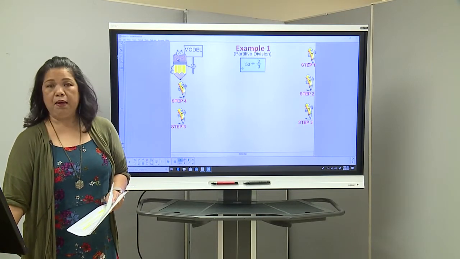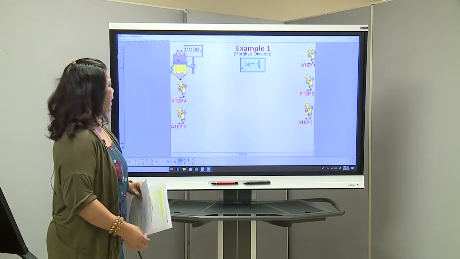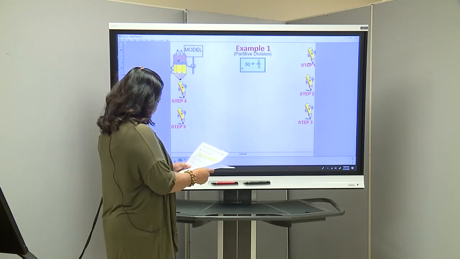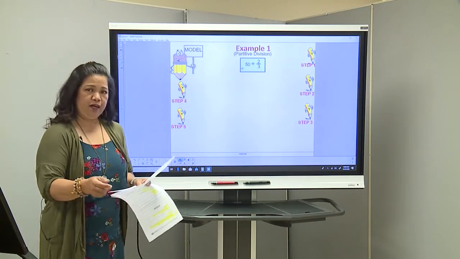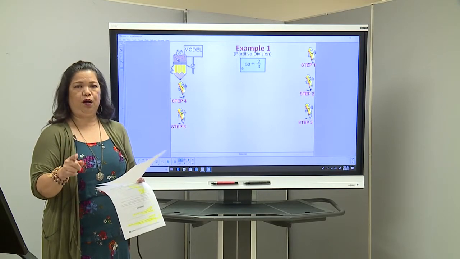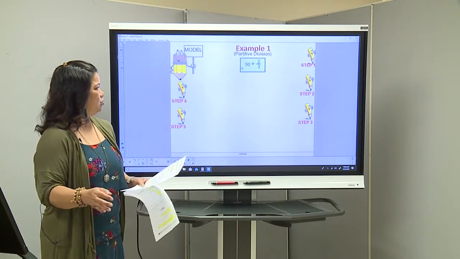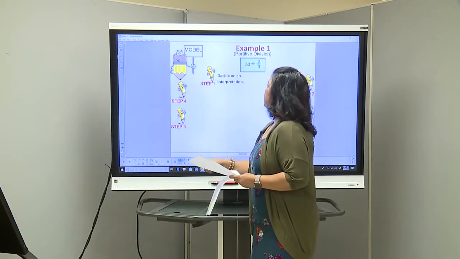All right, now remember we are going to use partitive division. For example 1, we have 50 divided by 2/3. So this is simply saying 50 is 2/3 group of what size? So let's follow these steps. Decide on an interpretation.